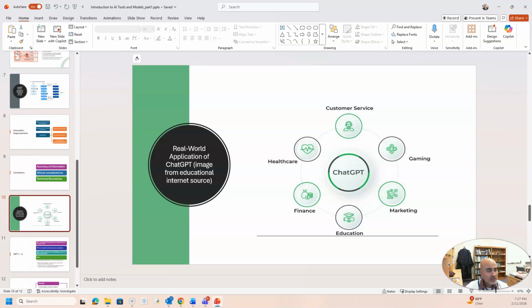It can also be used in education to create some interactive learning materials. You can put in the PowerPoint and ask it to generate some questions. So you can use the material for some interactive learning, which might actually fit somebody's learning style.